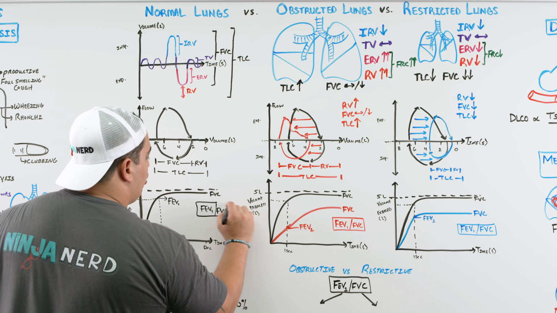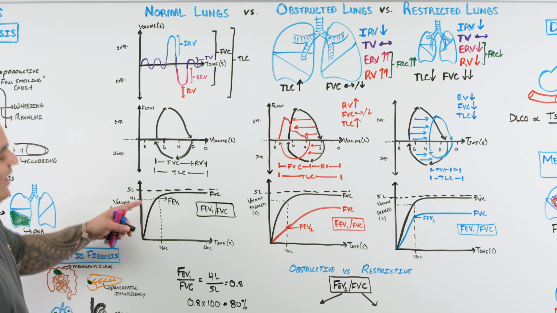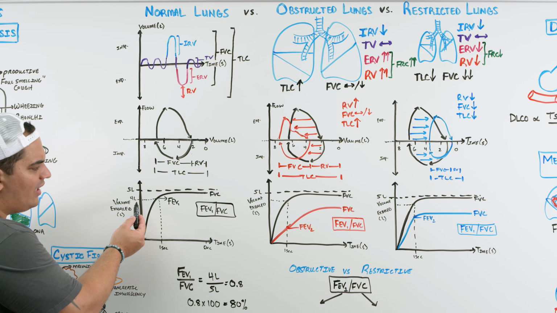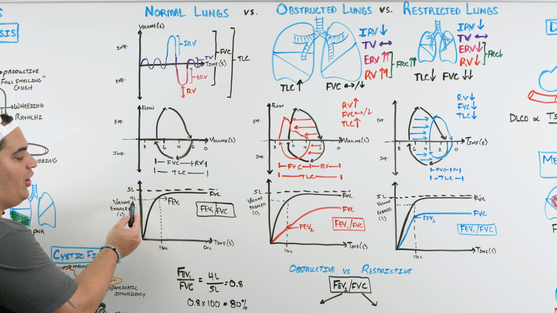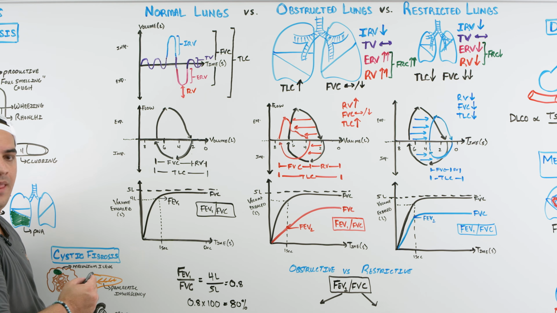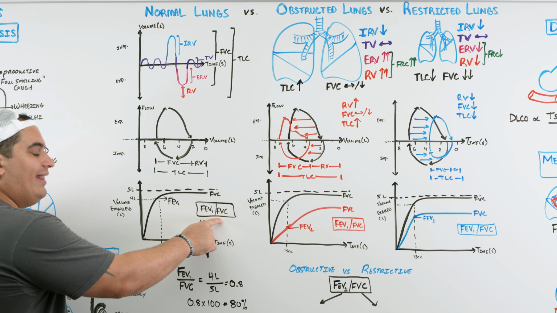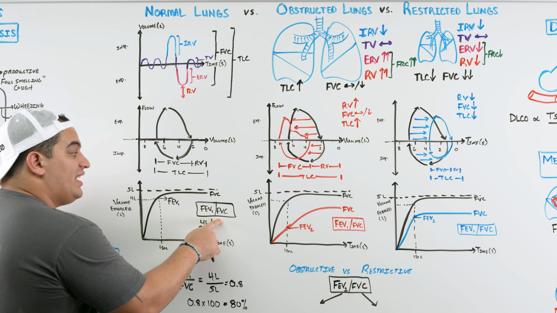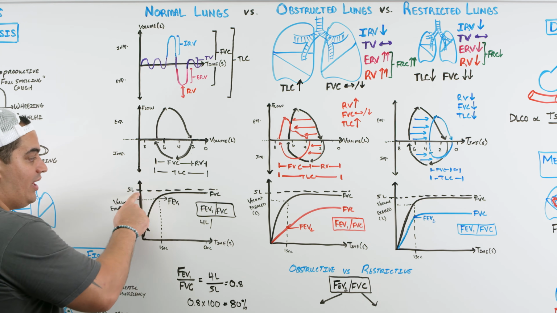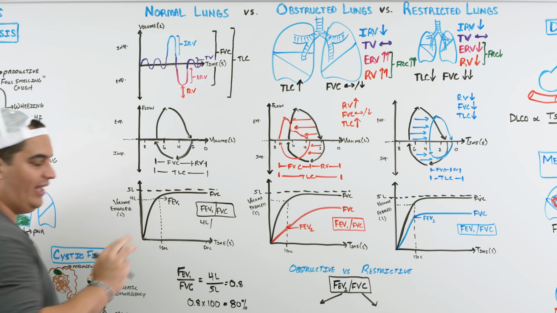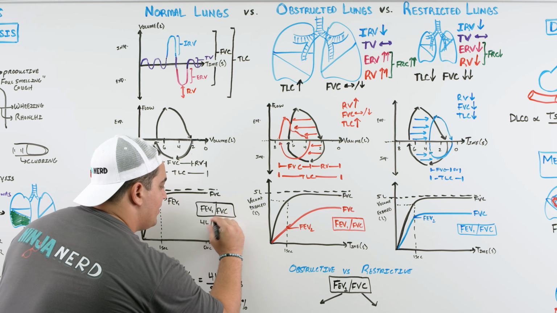This is a particular ratio that we're going to use. In this example, let's say that the amount of air I could forcefully exhale in the first second was 4 liters. Then that's going to be 4 liters divided by the maximum amount of air that I could forcefully exhale throughout the entire time period. And let's say that curve goes around 5 liters-ish. So 5 liters.